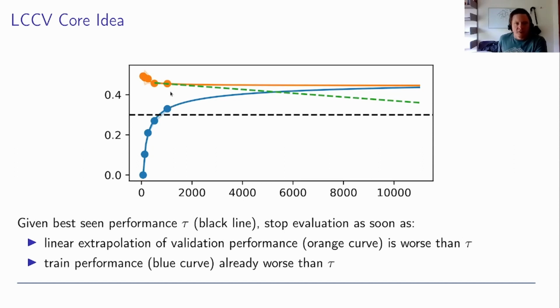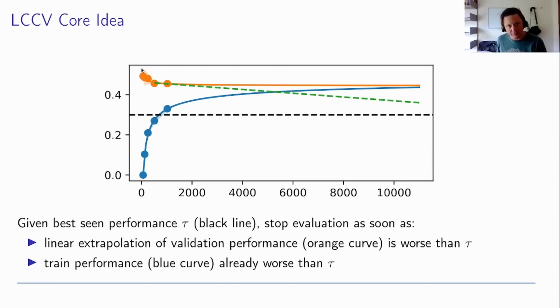Now the question is, why is it legitimate to say that the curve can only continue in this green extrapolation we see here? I said that this is the most optimistic completion or extrapolation of the learning curve, but why couldn't the improvement be better than that? That comes from an assumption we make in this type of validation, which is the convexity of learning curves.